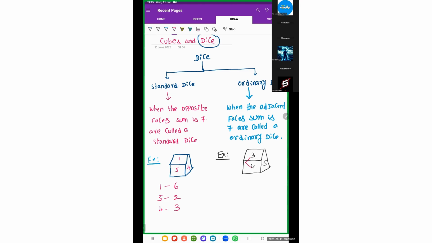That means this is what kind of die? Ordinary die. Now here 3's opposite is 4, so 3 and 4 sum to 7. Then 5 and 2, then 1 and 6. Clear?